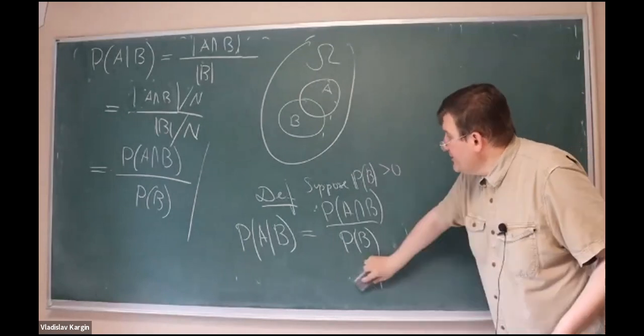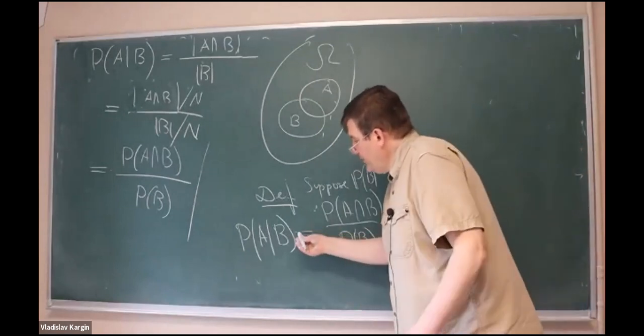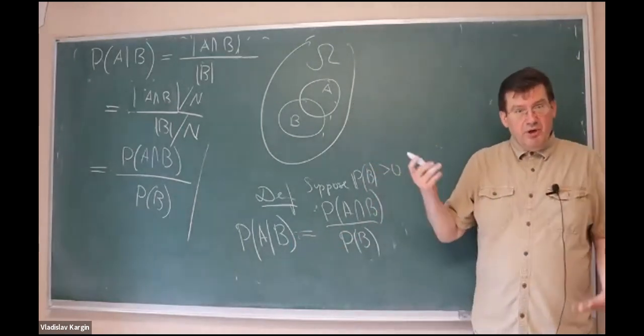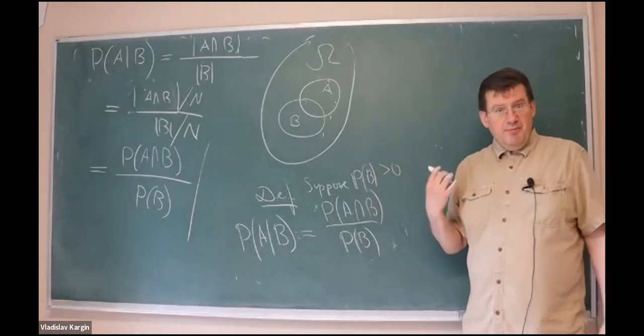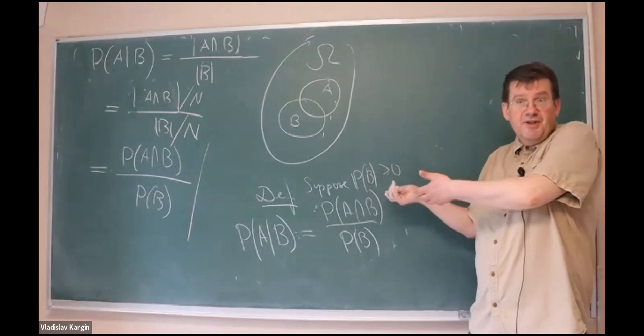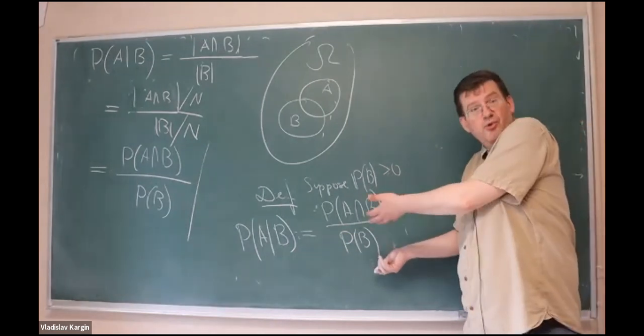Then you'll have this thing. So this is by definition. And why is it a bad thing? Because we are talking here about discrete probability spaces, and usually probabilities are positive. If the probability is equal to zero, then it never could occur.